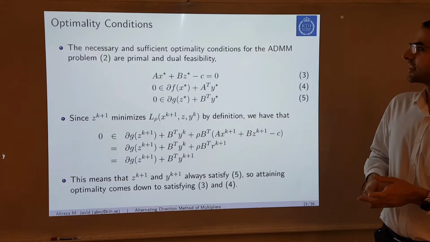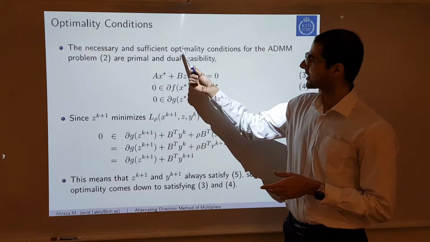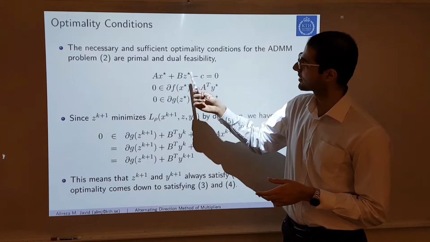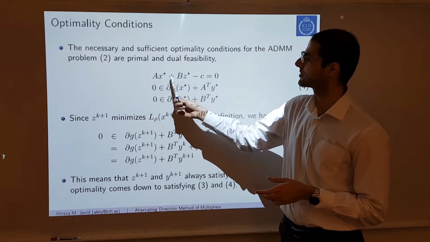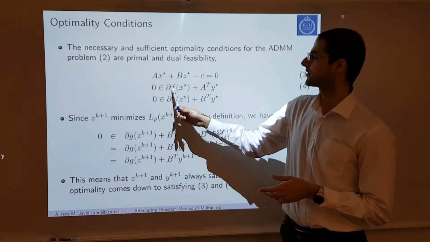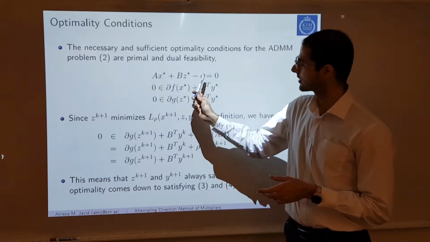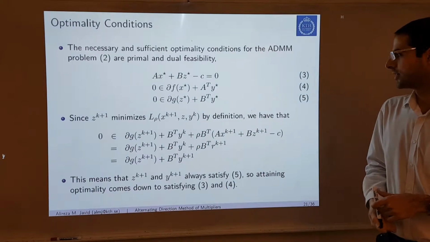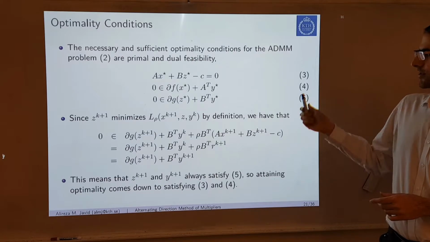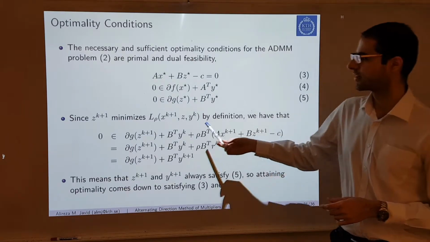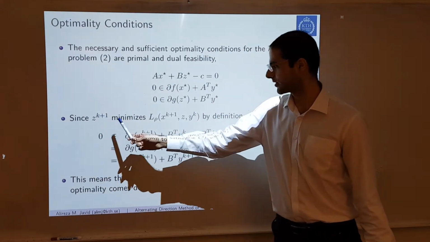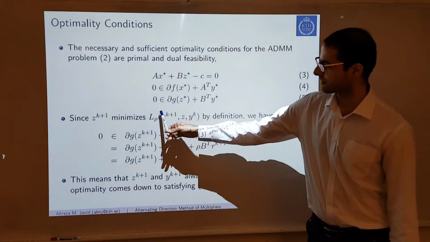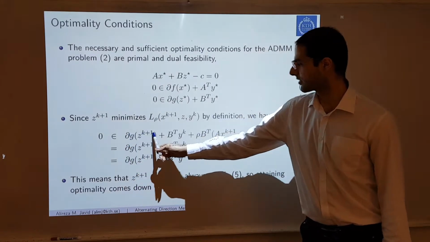KKT conditions. We're going to want to check optimality of this ADMM approach. We need to satisfy primal and dual feasibility. We need this residual to be 0, and the subgradient of the Lagrangian over x and z should contain 0. First, we start from the simplest one. By definition, we know that zk plus 1 minimizes this Lagrangian. So we can simply write the subgradient of this.